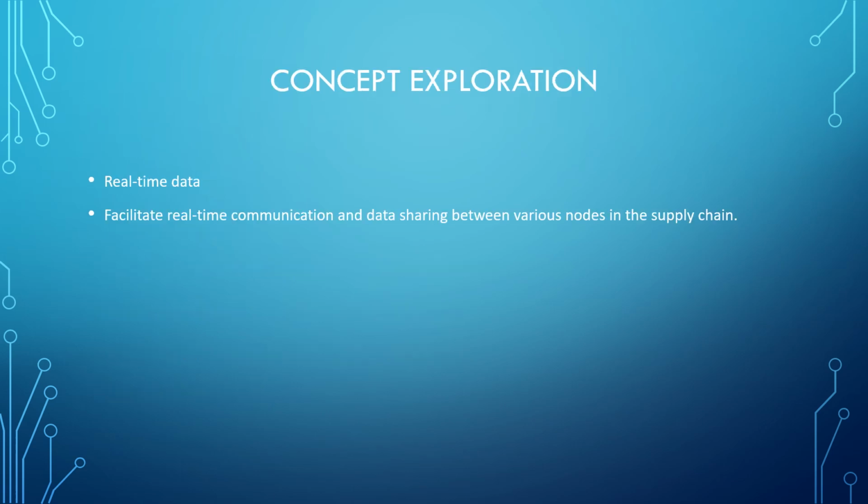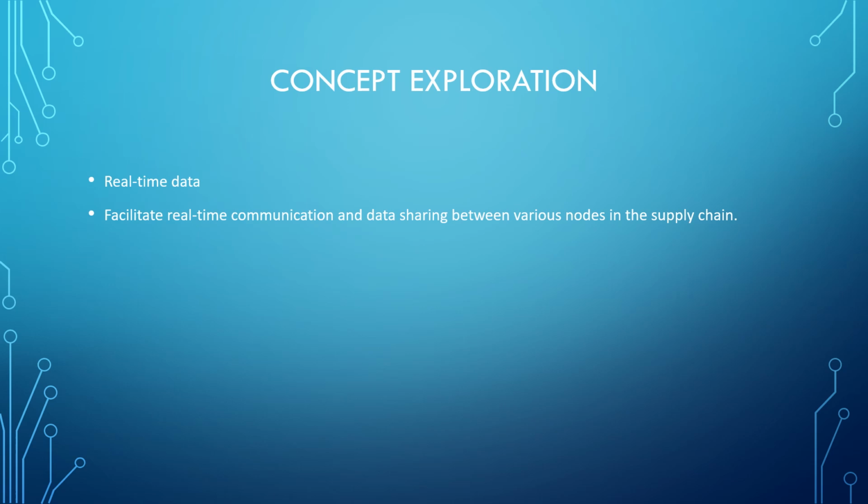So, okay, let's go through the real-time data. In today's complex supply chain environment, real-time data is critical to managing and optimizing operations to ensure transparency at every stage, from supplier to customer. The supply chain must have the ability to monitor the entire supply chain network.